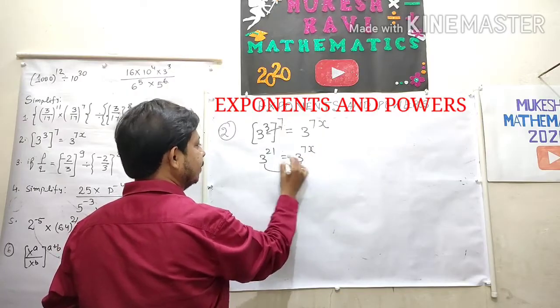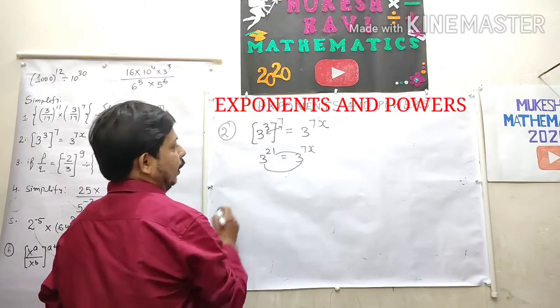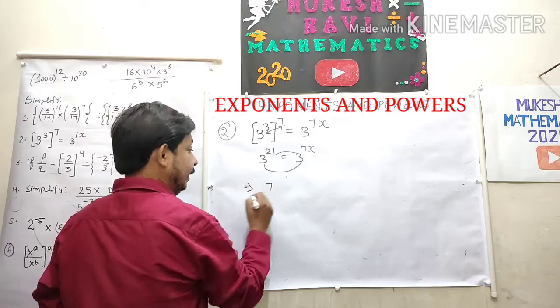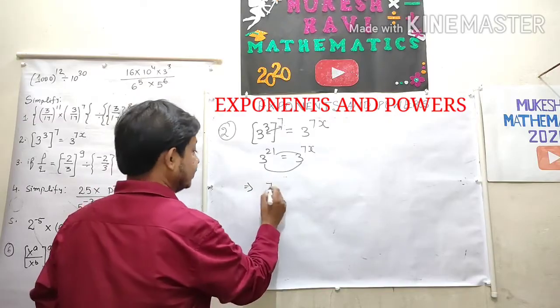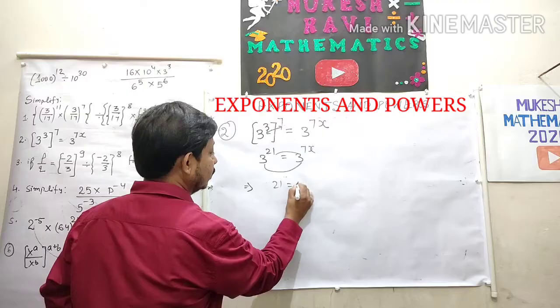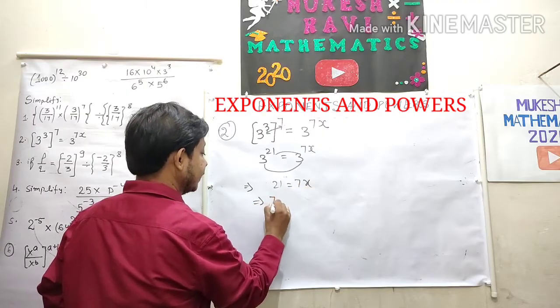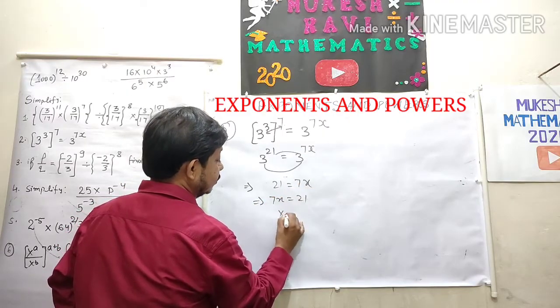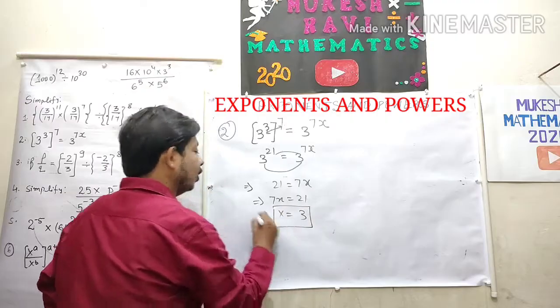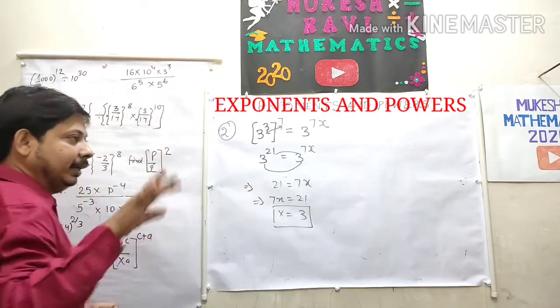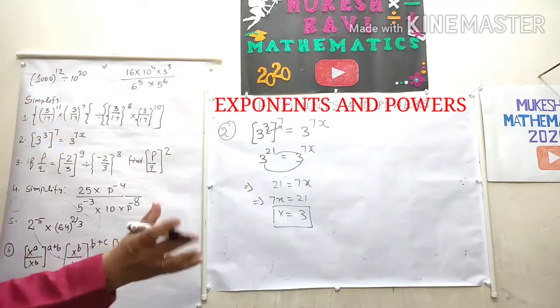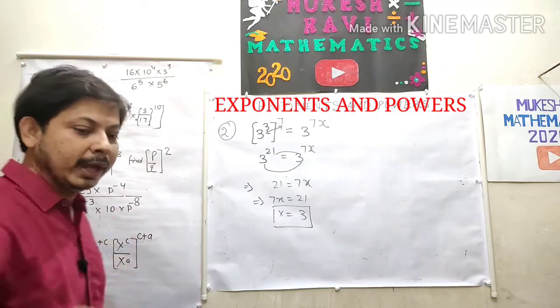When the base is same, power should be equal. So this means in LHS and RHS, 21 is equal to 7x. This implies 7x is equal to 21, x equal to 3. Students always write 3 equal to x, but in the question you are going to find x, so you have to establish x is equal to. This is a good habit in maths.